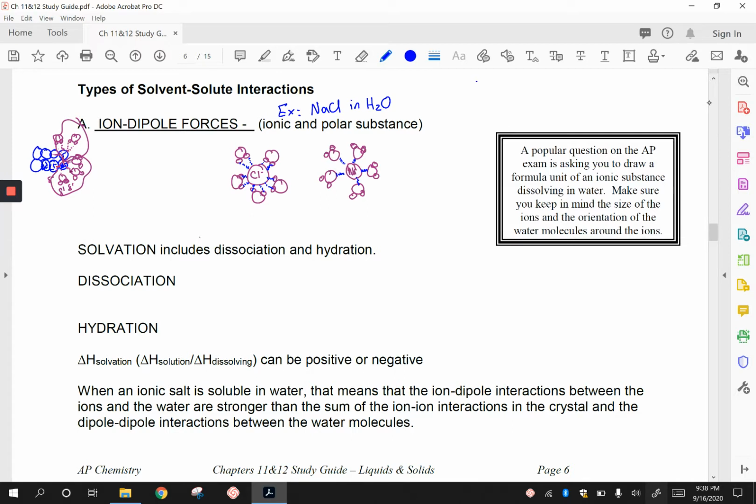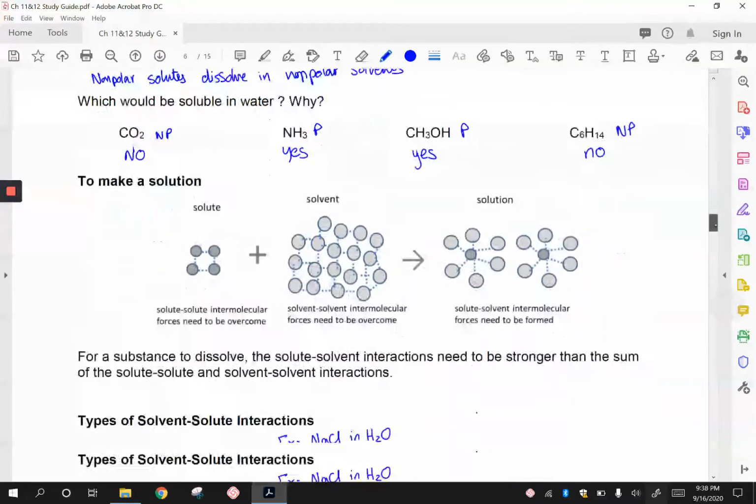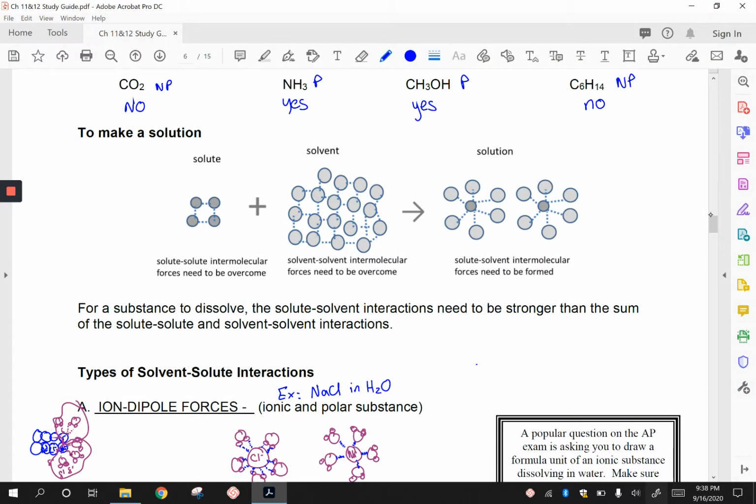So the ions separate physically, and the water particles separate as well. Right? So that's what we talked about earlier here. The ions have to separate from each other, so I'm overcoming these ionic interactions. And the water particles also have to separate from each other, so I'm overcoming those hydrogen bonds between the water.